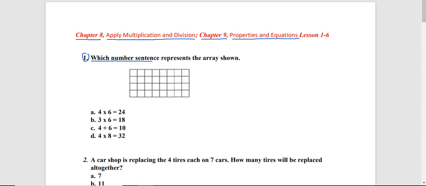Which number sentence represents the array shown? So here is the rectangular array shown. For us to define the multiplication sentence, we need to know the number of rows and the number of columns.